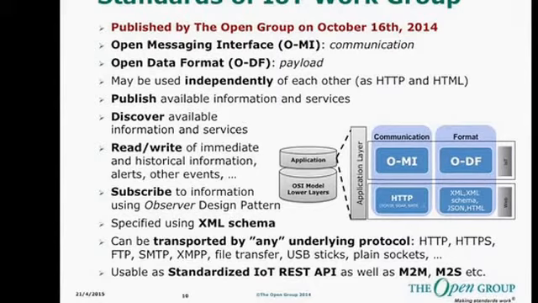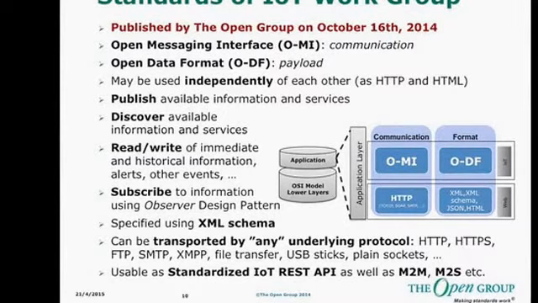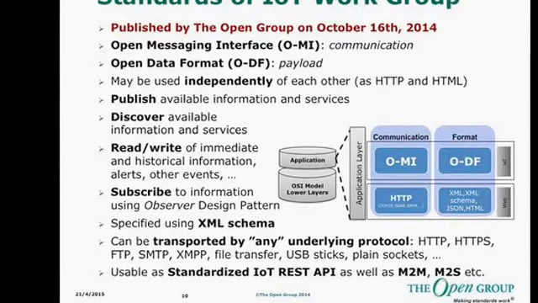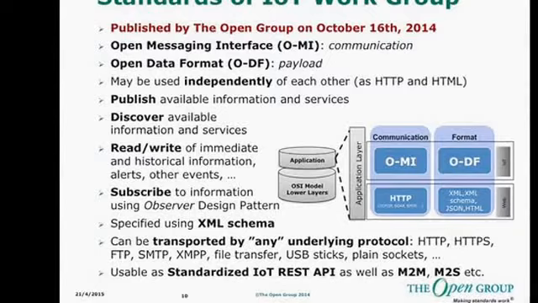Now, what you can do with OMI and ODF is that when you have some new information system or a new device that comes into a new context, so, for instance, I install a new machine or a new sensor into my home, then that machine should be able to publish that it's present there, as well as tell what is the information that it can provide, as well as what are the services provided by it.